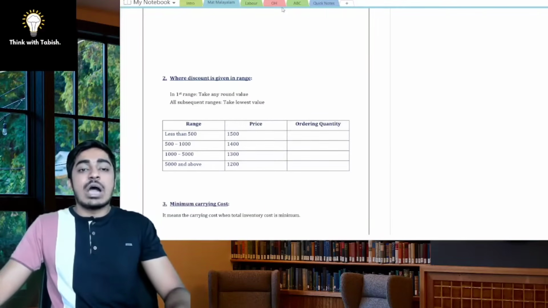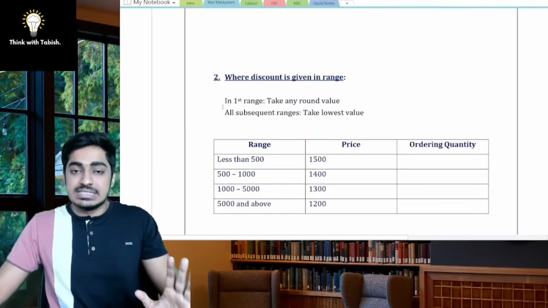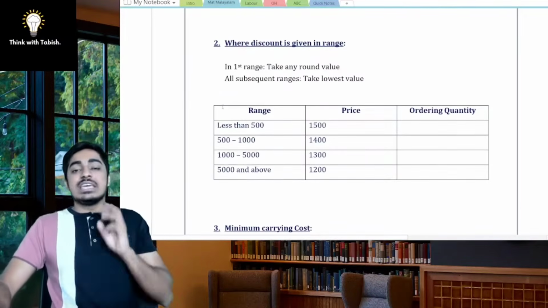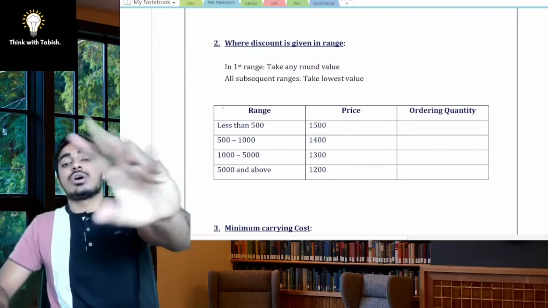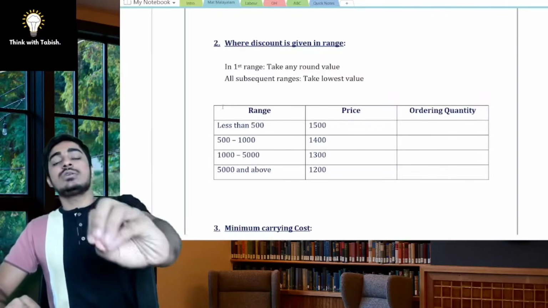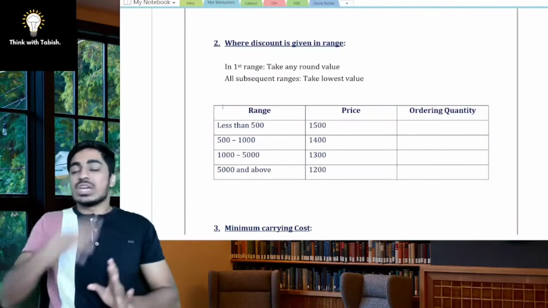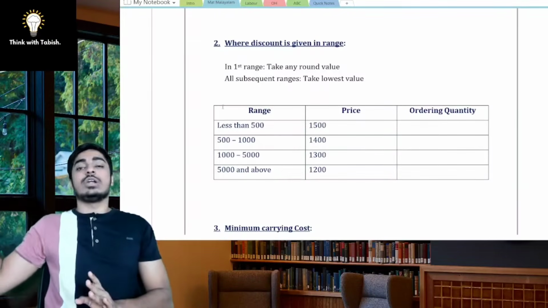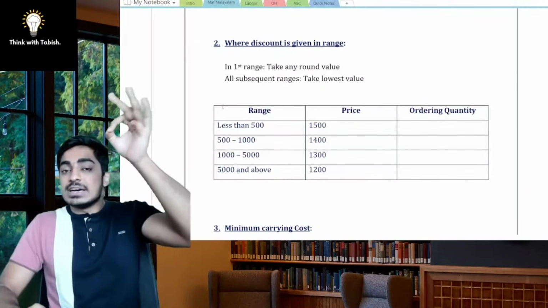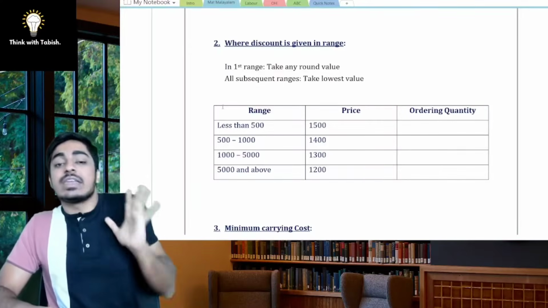Secondly, when discount is given in a range, suppose supplier is telling if you buy up to 500 units, your cost is 1500. 500 to 1000, it is 1400 and so on. So what is it we have to do? We cannot calculate for every order quantity. So in the first range, we can take any round value.